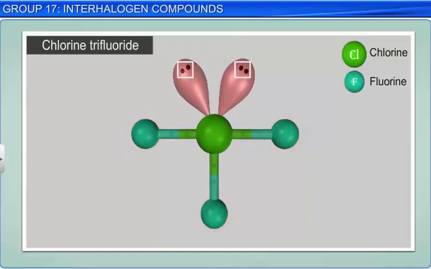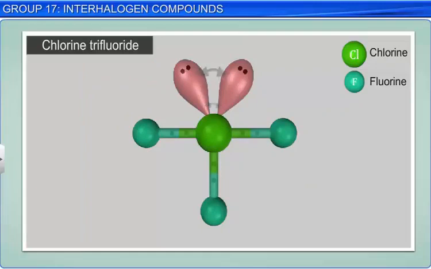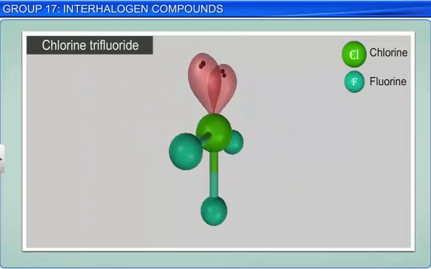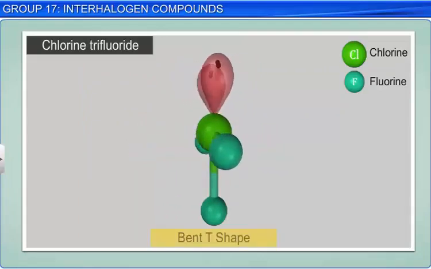The lone pairs will occupy the equatorial positions, while bond pairs will occupy the other 3 positions. To minimize the lone pair repulsions, the axial bond pairs will bend towards the equatorial positions. Hence, its shape is bent T-shape.